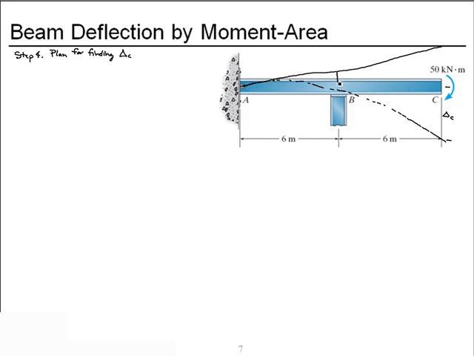So if I use moment area at this point, I can get the vertical deviation from the tangent line coming off of point A to point B. And using similar triangles, I can get delta prime from this quantity, because this is along the horizontal axis.